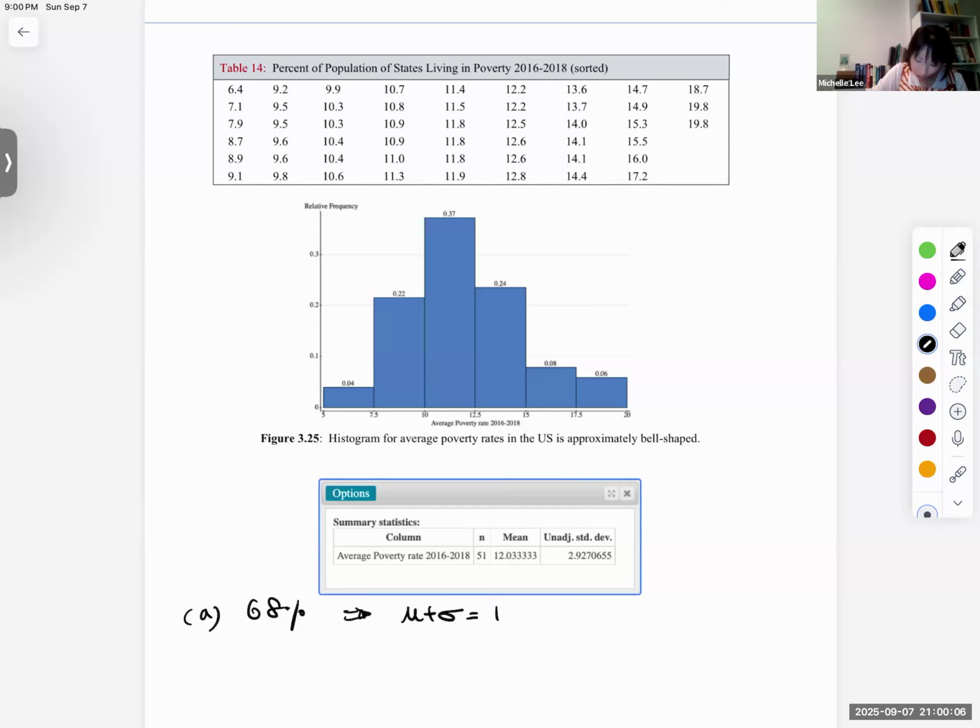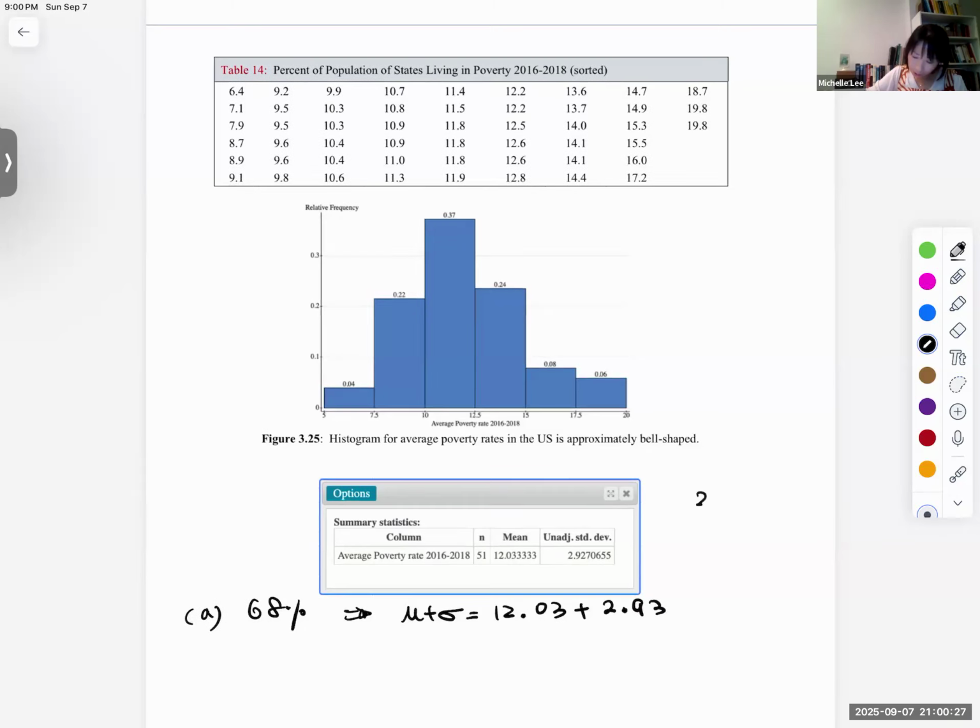So mu, which is 12 point, how many decimals do we use? Maybe two decimal places, because the original data set is one decimal place. So 12.03 plus sigma, which is 2.93, because we have 2.927. Looking at the third digit, 7 is greater than 5, so round up, which means we give it to the 1 there.